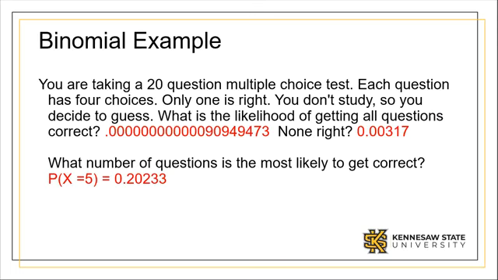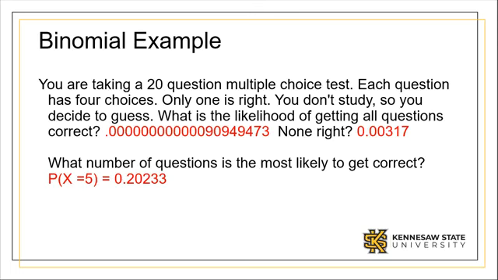Let's consider this binomial problem. Since there are 4 choices, the success rate is 0.25. N is 20 since there are 20 questions. All correct means that x equals 20, and this gives us a very small probability.